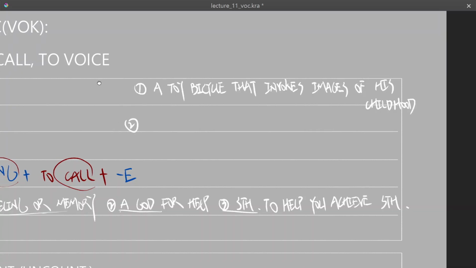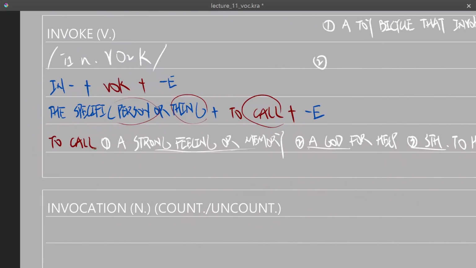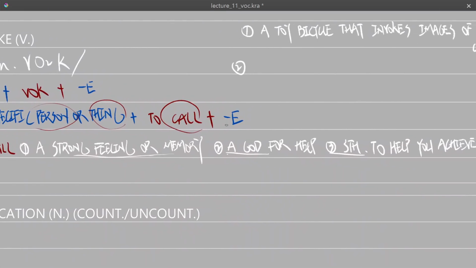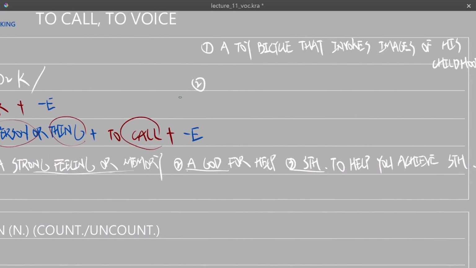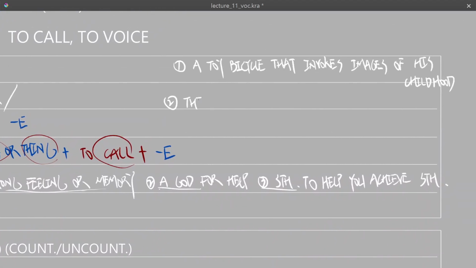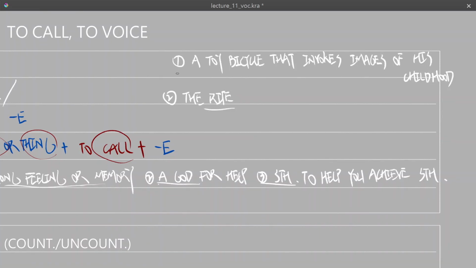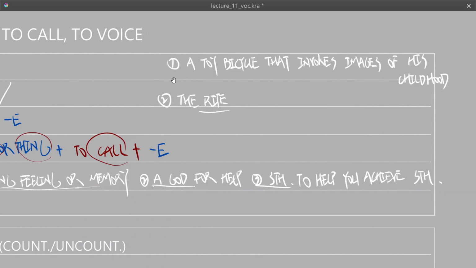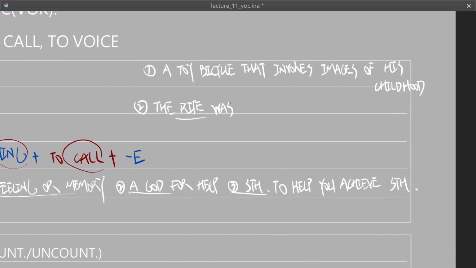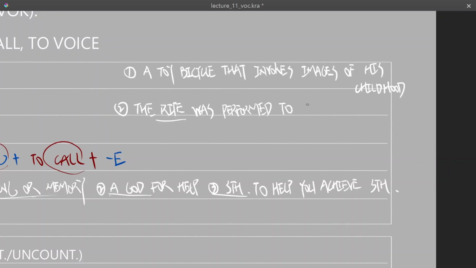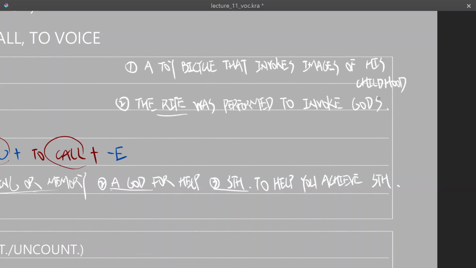And second, we could call a god or several gods for help. The rite means a religious ceremony. So the rite was performed to invoke gods, to summon gods for help.